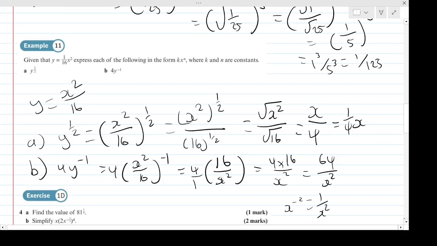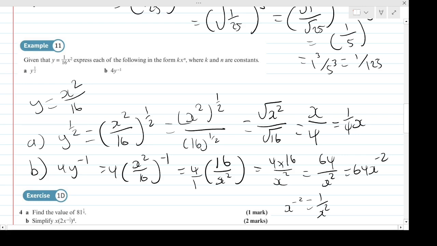So we just take the reciprocal of x squared. And so we can simply say this is 64x to the minus 2. Okay. And now I have it exactly in this form with no fractions or anything like that.